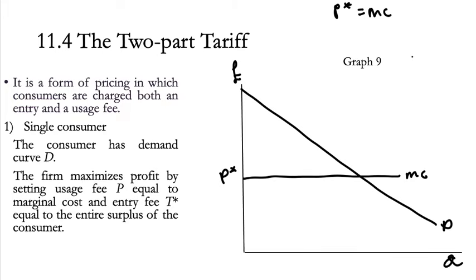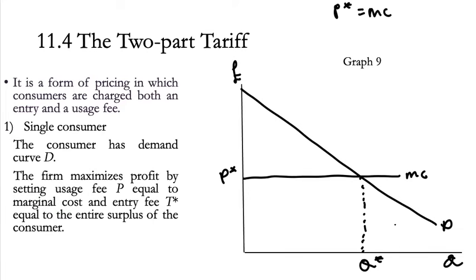But what about the entrance fee? How much is the entrance fee? Okay, the entrance fee is usually the area under the demand curve up to the price of usage fee. So here the price of usage fee is P star, the quantity consumed is here, let's say Q star.